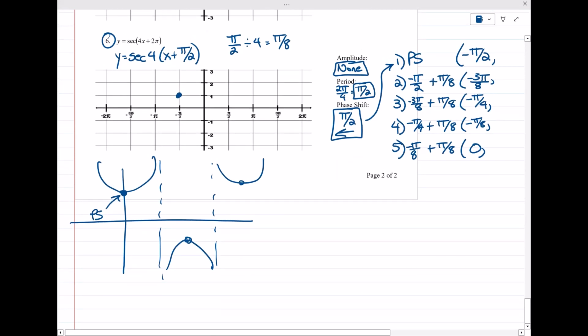And our points for secant are going to be 1 right here, 2, 3. How are we going to get back to the initial? You have to get 5.